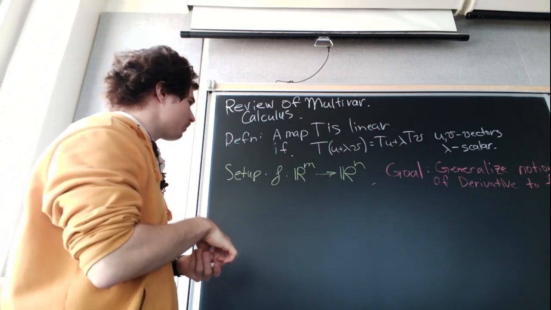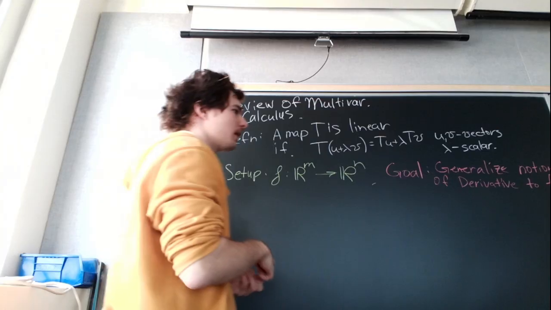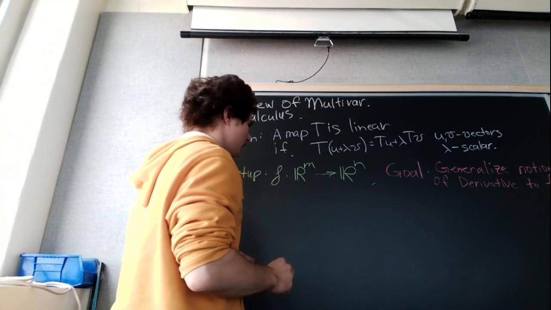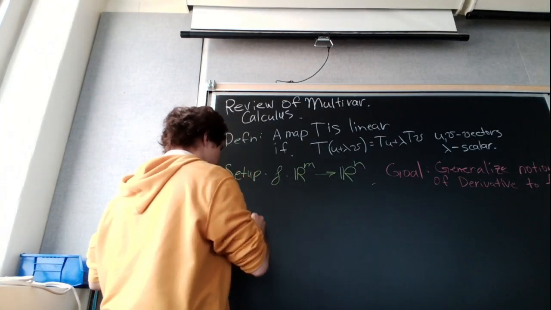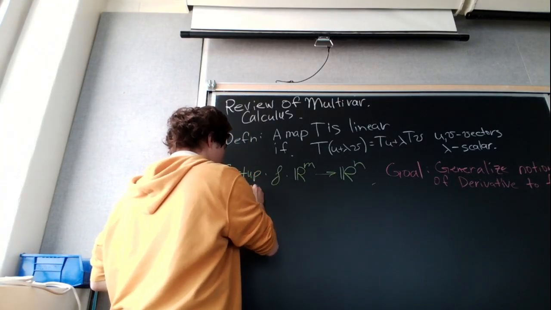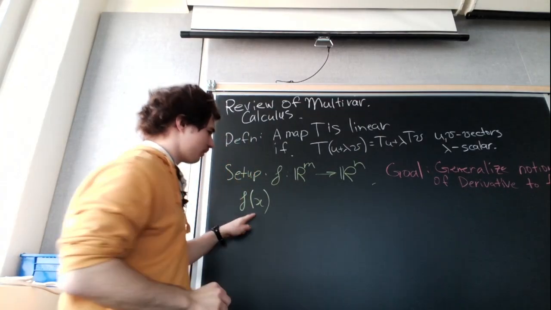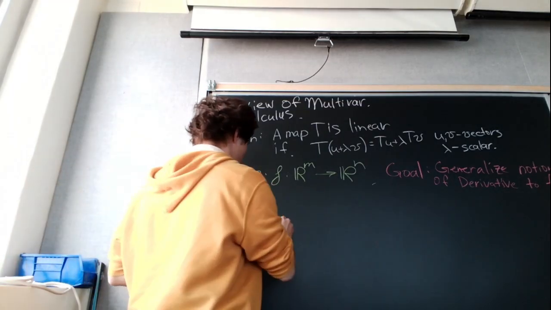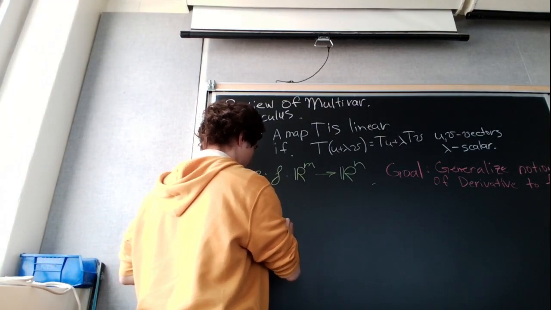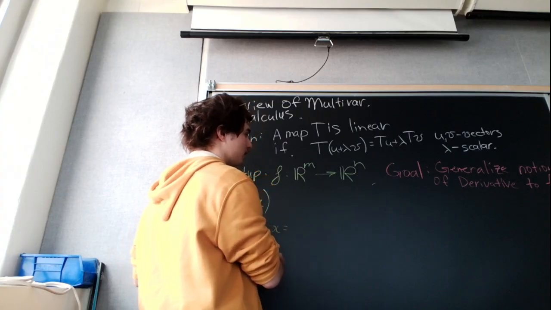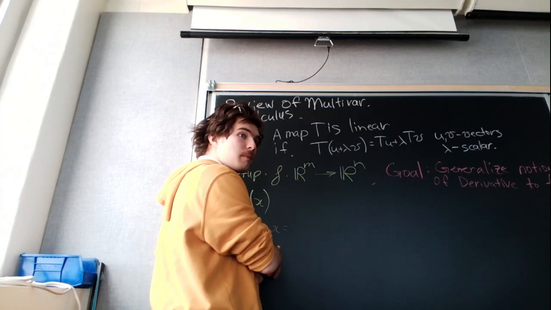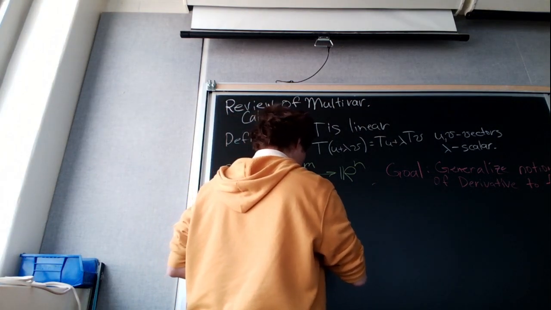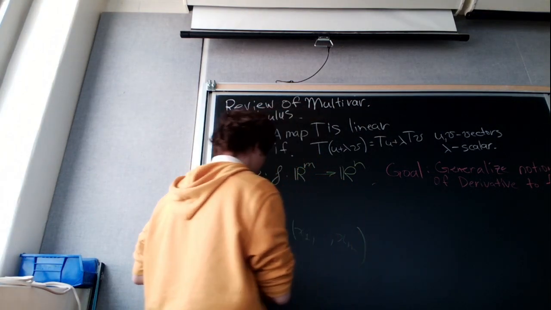Let's also introduce some notation, just so that later you're not distracted by me introducing notation. When I write f of x, I will mean the following. x is going to have how many components? m. Good, so it has components x1 up to xm. Do you agree?